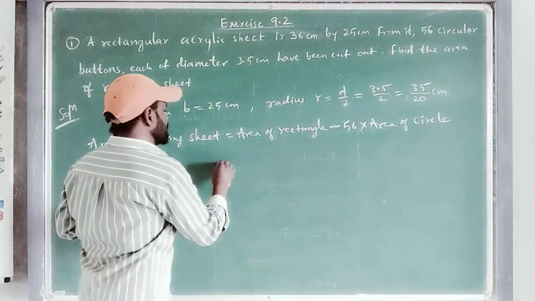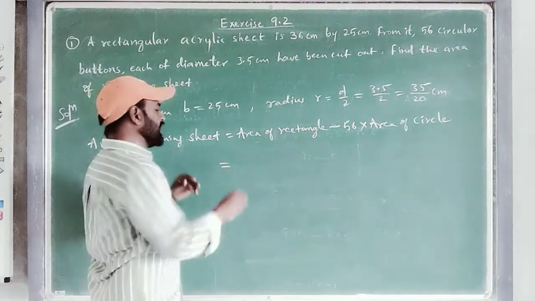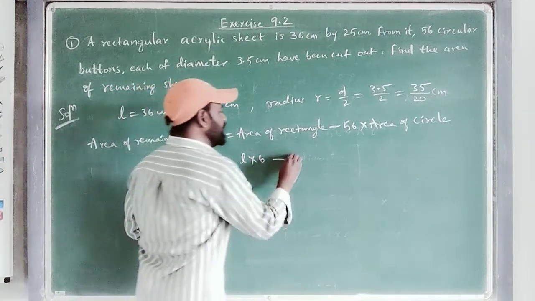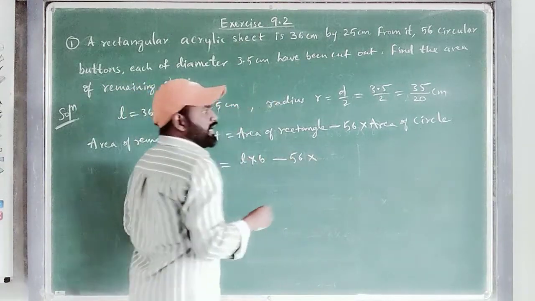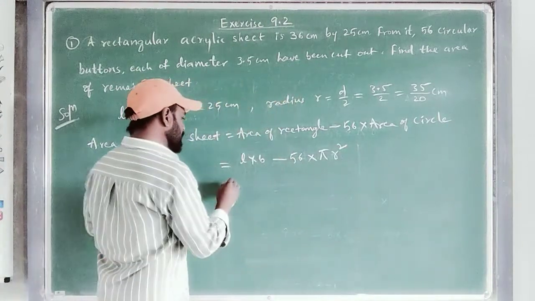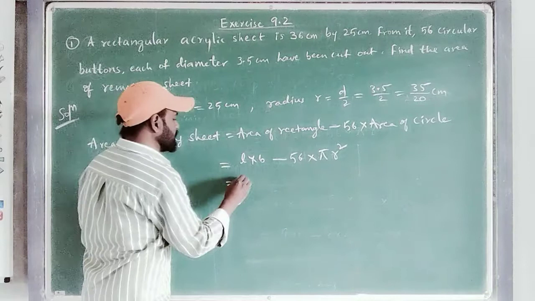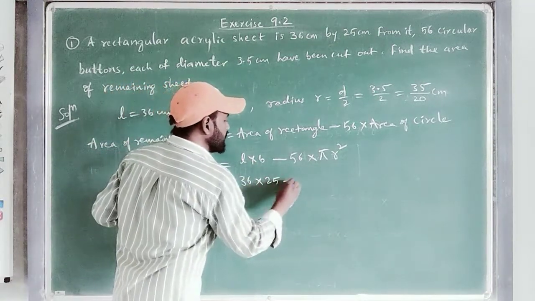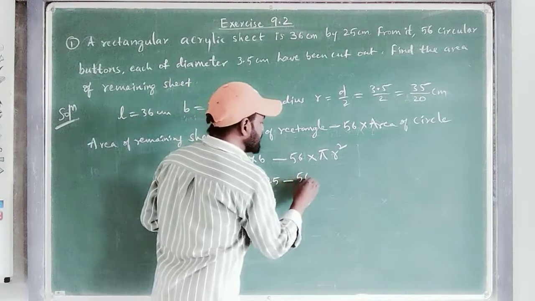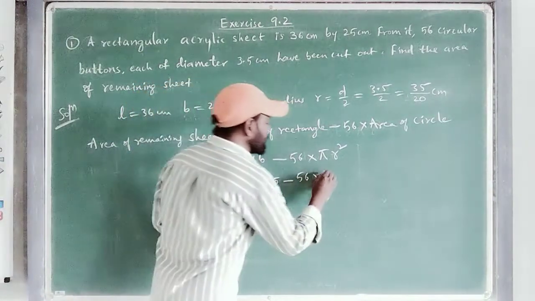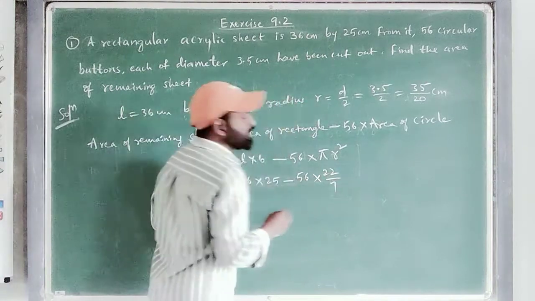So now substitute the values. Area of rectangle formula, length into breadth. Minus 56 number of buttons, area of circle formula, pi r square. So now substitute: L value is how much? 36 into B value is how much? 25 minus 56 as it is into pi value. We have to utilize 22 by 7 wherever you get pi.